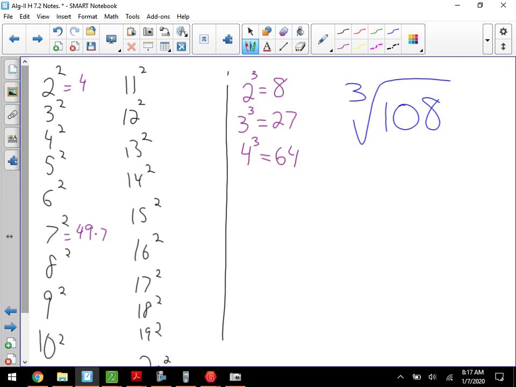So isn't this the same thing as saying the cube root of 54 times the cube root of 2?